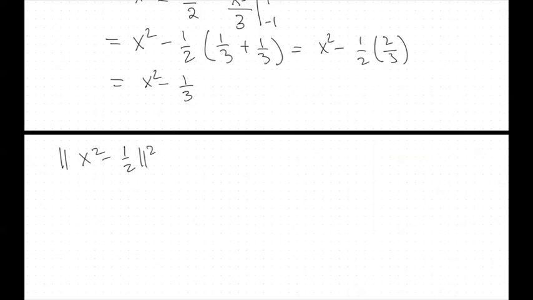Its norm. So its norm is just, how do you compute this? The integral from -1 to 1 of x squared minus 1/3, squared, dx.